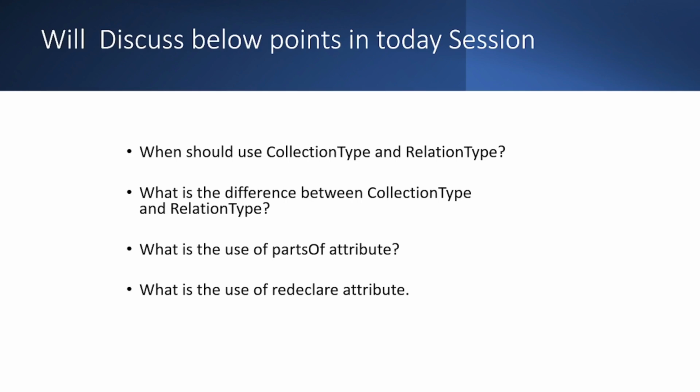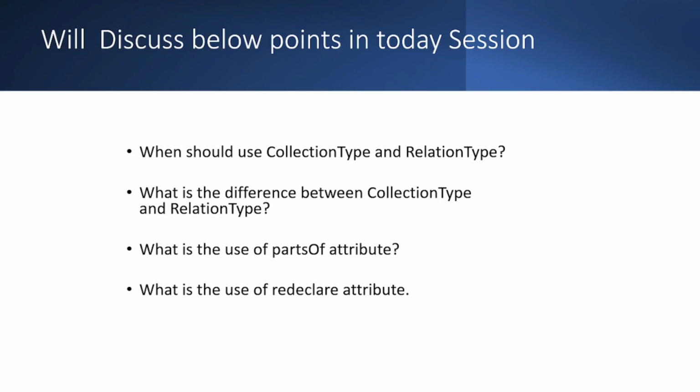For example, if we are modeling an association between a product and its variants, one product may be associated with different variants. In that case we should use relation type. These are the basic uses of collection type and relation type. I hope you understand this.